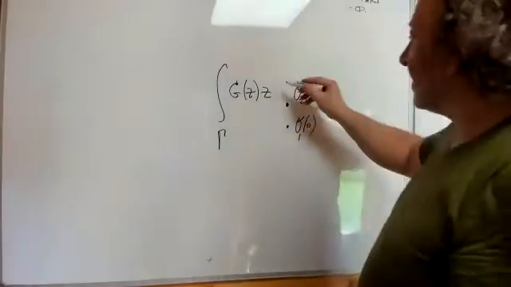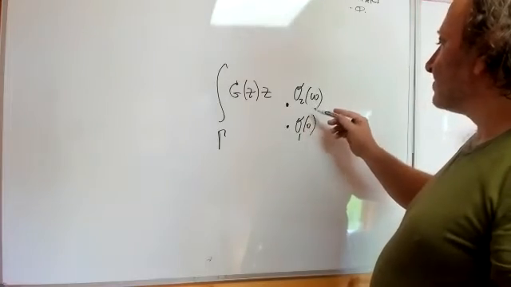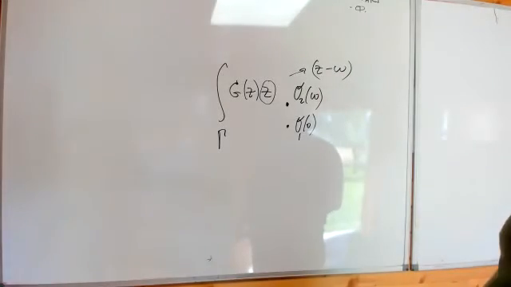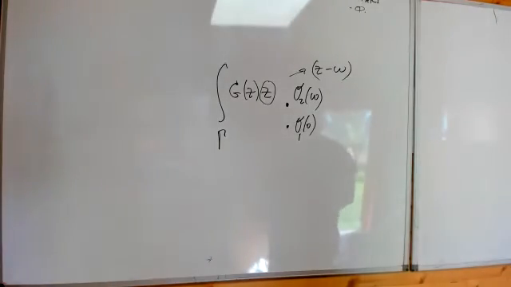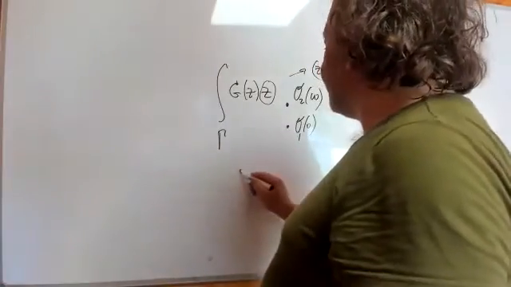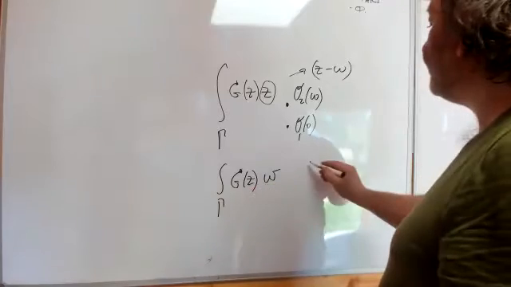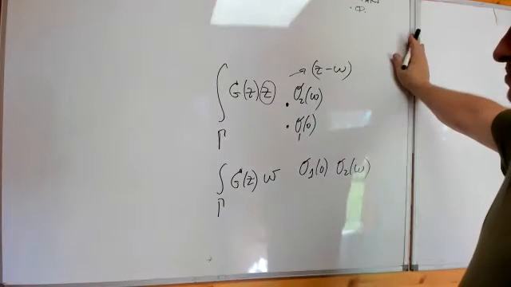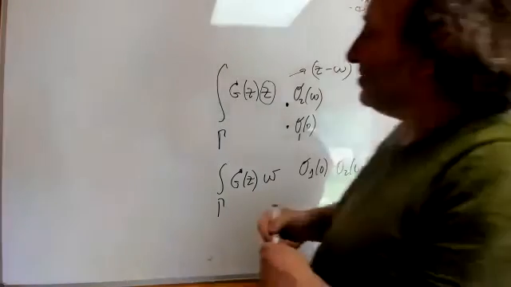However, in this case, we will have to replace this Z by Z minus W. So there would be one more term left: integral over gamma of G of Z, times W, O1 of 0, O2 of W. So you're thinking of gamma as encircling both. Yes.